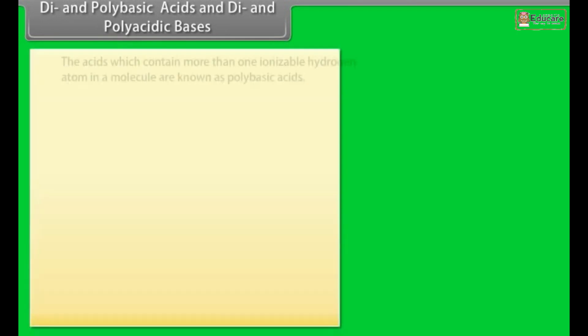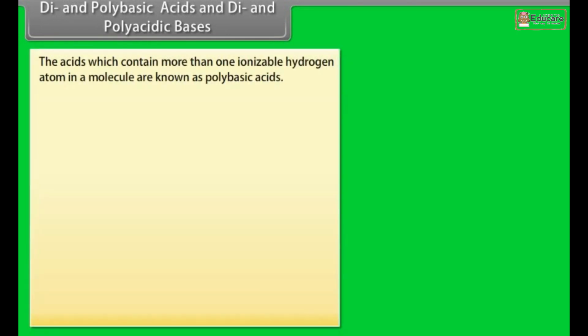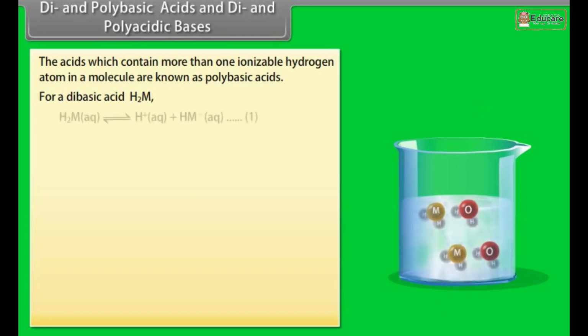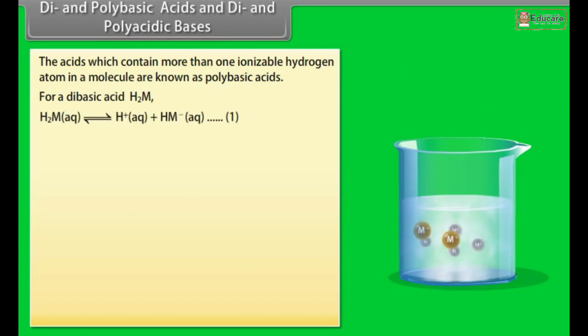Di and polybasic acids and di and polyacidic bases. The acids which contain more than one ionizable hydrogen atom in a molecule are known as polybasic acids. For a dibasic acid, H2M, name it as reaction 1.